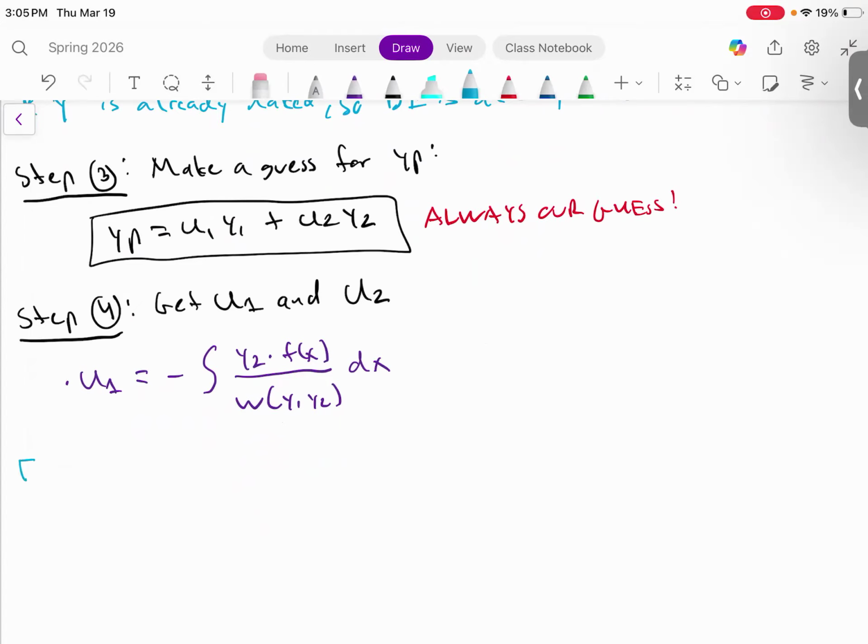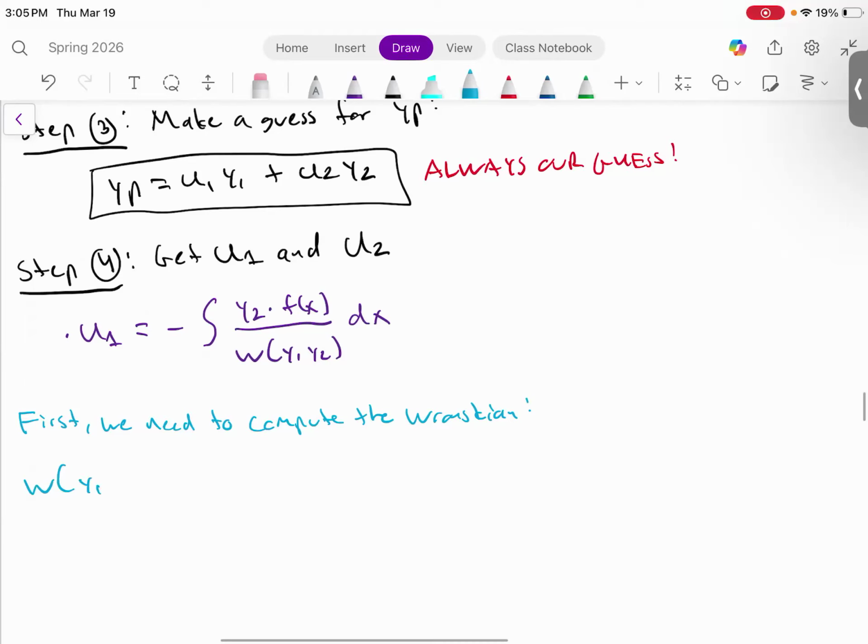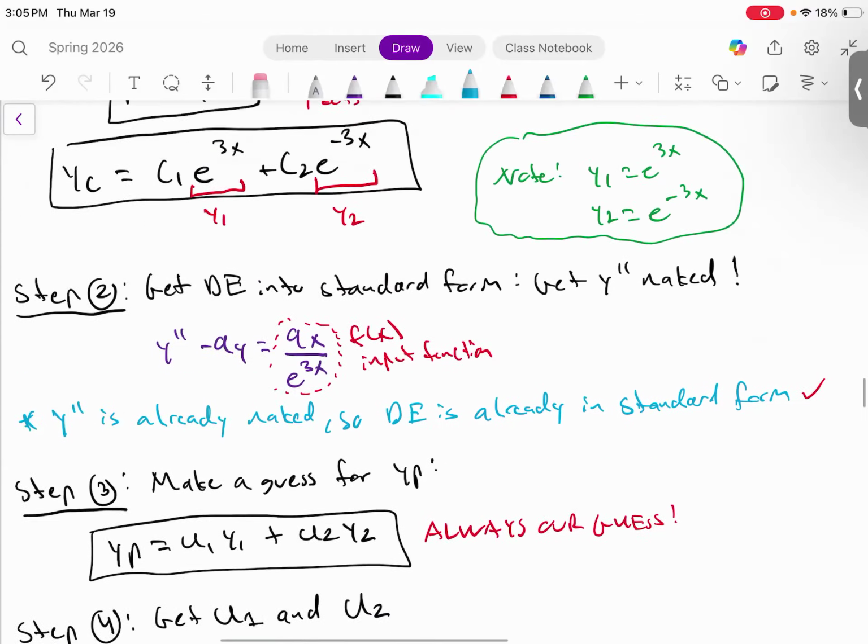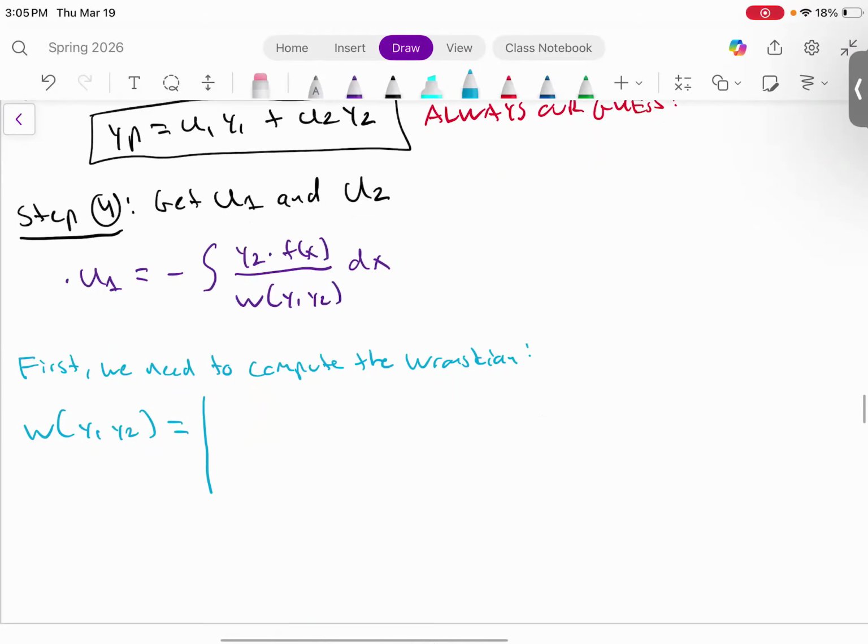So first, we need to compute the Wronskian. The Wronskian of y1 and y2 would be the determinant of y1 and y2, e to the 3x, e to the negative 3x, and their derivatives, careful with the chain rule.